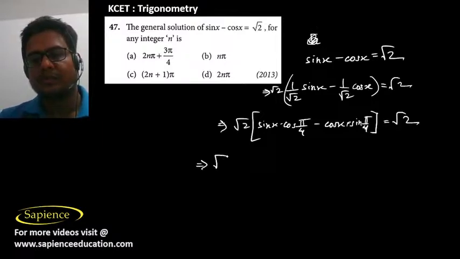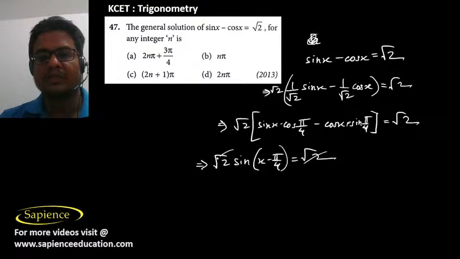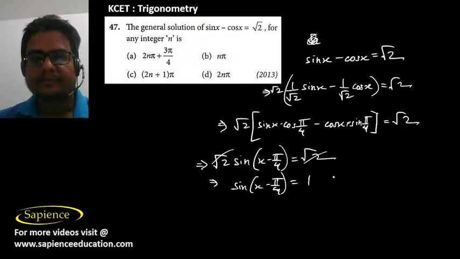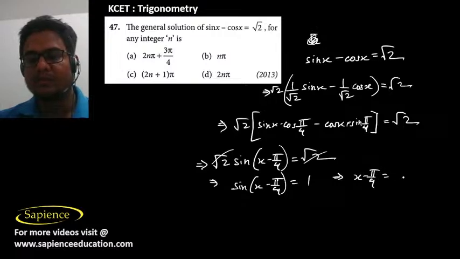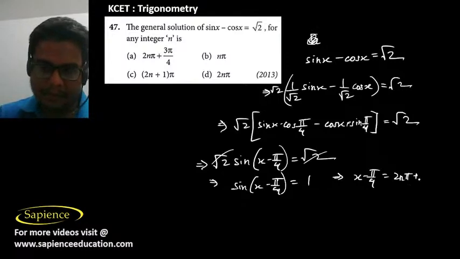So that will be root 2 into sin of x minus pi by 4, that is equal to root 2. So root 2 and root 2 will cancel. So it means that sin of x minus pi by 4 is equal to 1. So it means that x minus pi by 4 should be equal to 2n pi plus, 1 is sine pi by 2, so this is actually pi by 2.